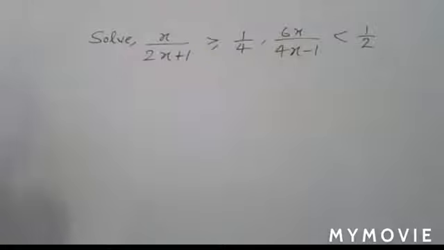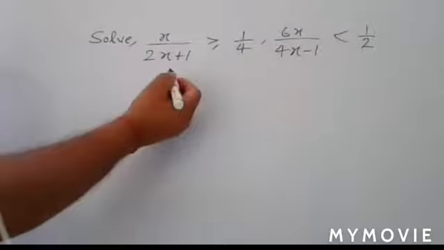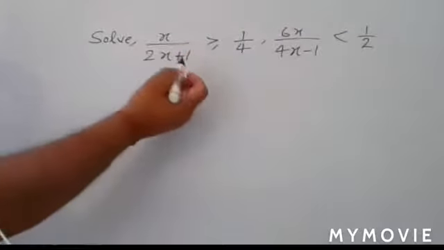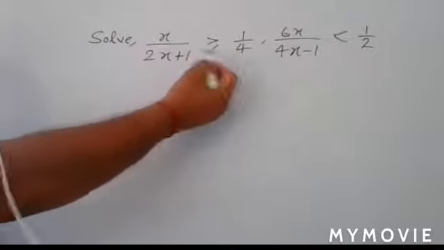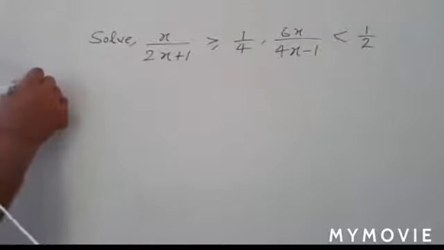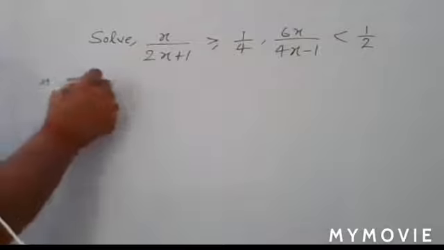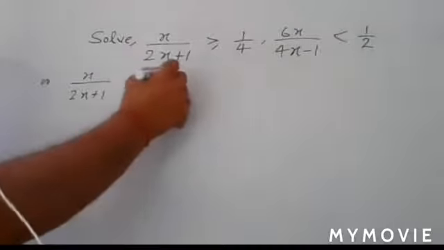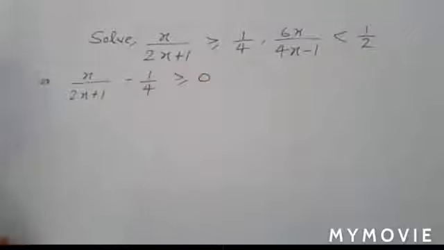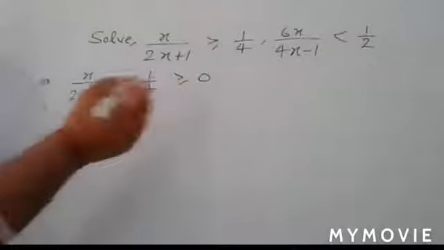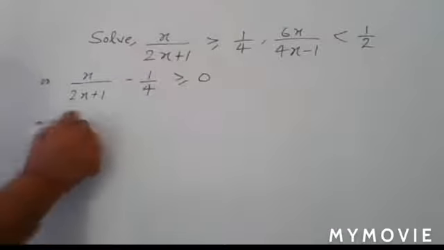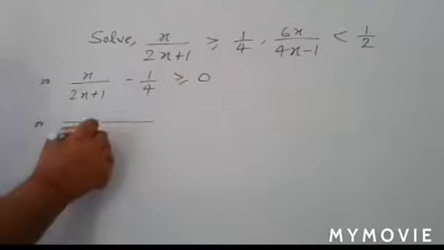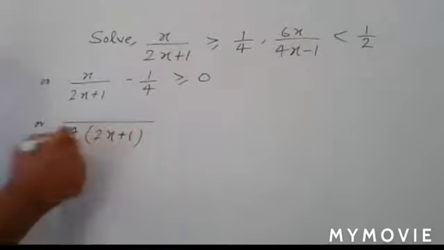Okay, so first of all, you take your first inequality and transfer this 1 by 4 to the left side. So here you have x upon 2x plus 1 minus 1 by 4 greater or equal to 0. Now taking LCM. So here you have 4 times of 2x plus 1.